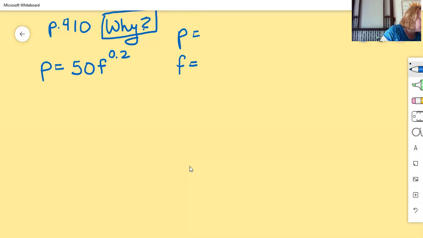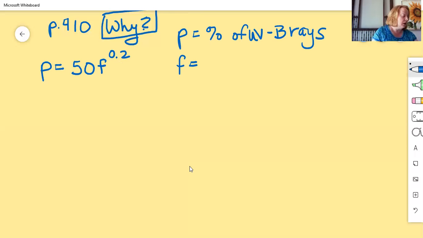P is the percent of UVB rays, and F is your SPF value, your sun protection factor. That's why they put an F there for factor. We're just going to put that in parentheses.